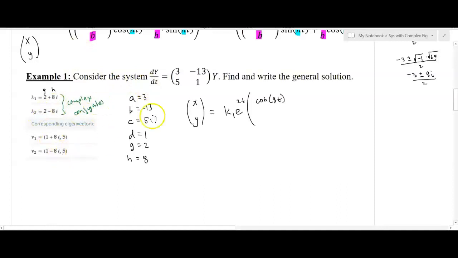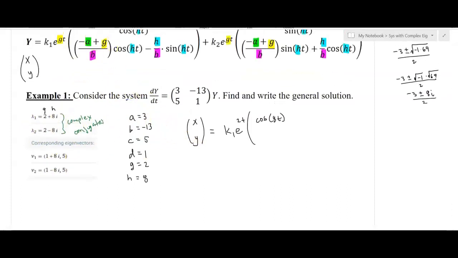So that's going to be, let's see, negative a plus g over b. That's going to be negative 3 plus 2 is negative 1. Negative 1 over negative 13 is 1/13. Okay, so this coefficient here will be 1/13 of cosine 8t. Also, the other thing I'm going to need is h over b, which is 8 over negative 13.